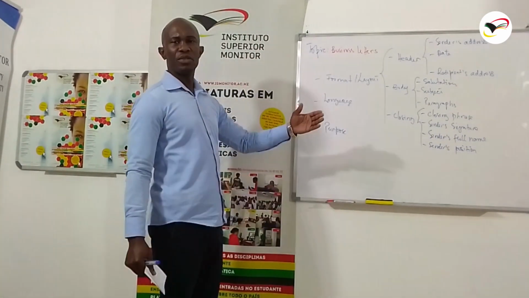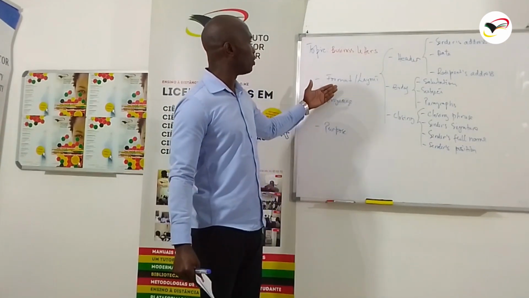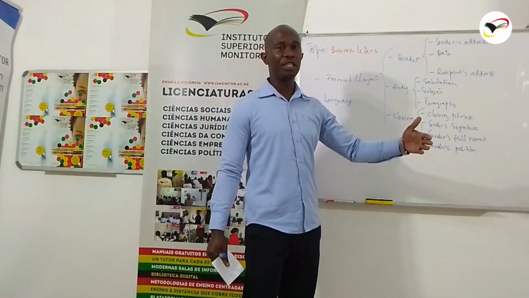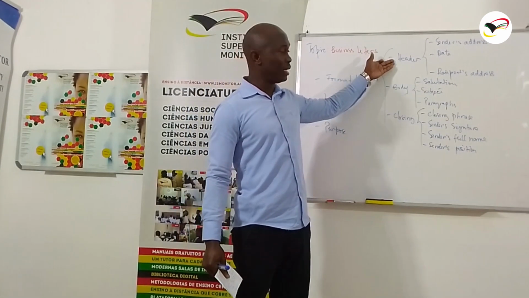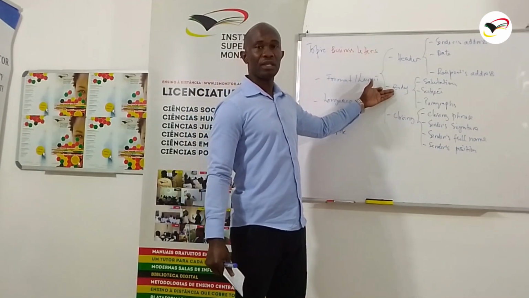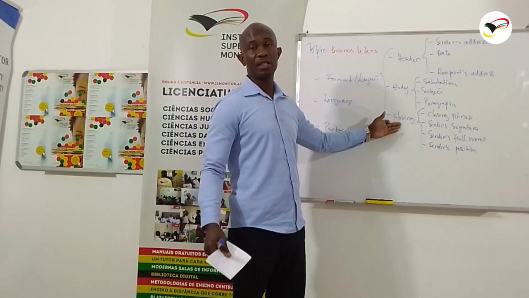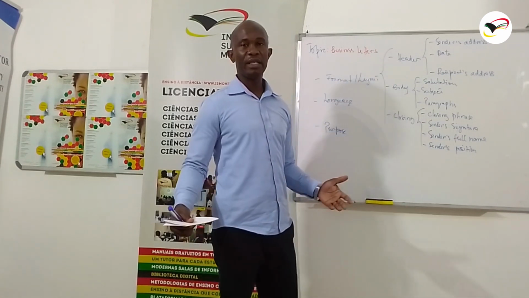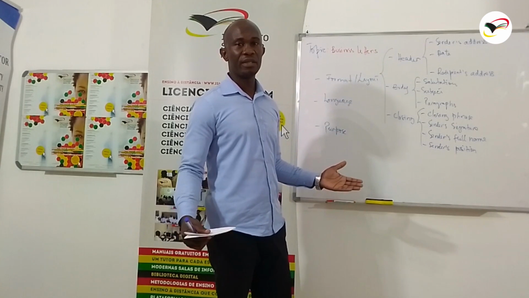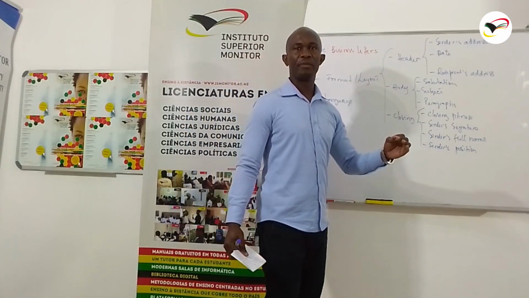So in terms of structure, or in terms of format or layout, our business letter is divided into three main parts. The first part is the header. The second part is the body, and the third part is the closing. Each of these parts comprises certain elements which are organized schematically.